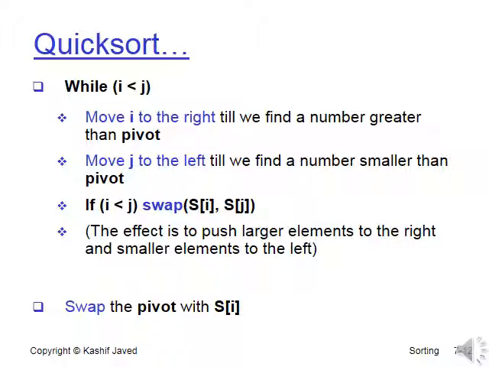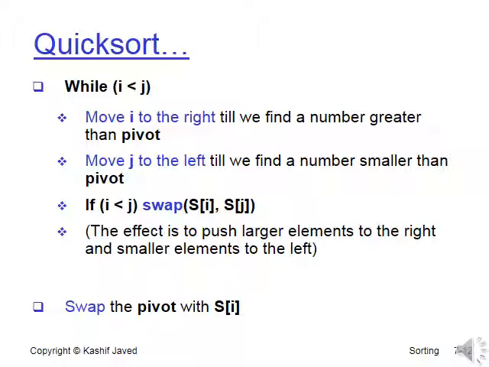If we look into the looping aspect of the algorithm, while i is less than j, we move i to the right till we find a number greater than the pivot. We move j to the left till we find a number smaller than the pivot.